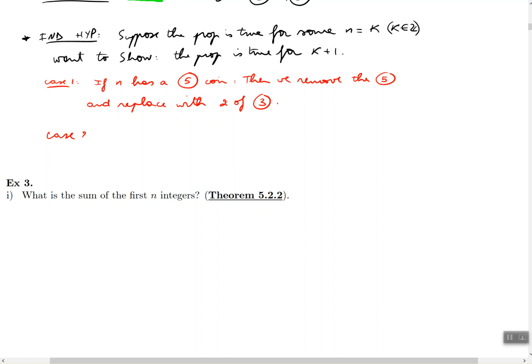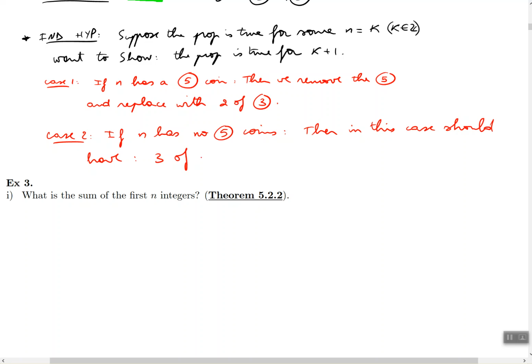Case number 2, well, what if the n did not have a 5-cent coin? What if our n has no 5-cent coins? Then in this case, the n should have 3 of the 3-cent coins.